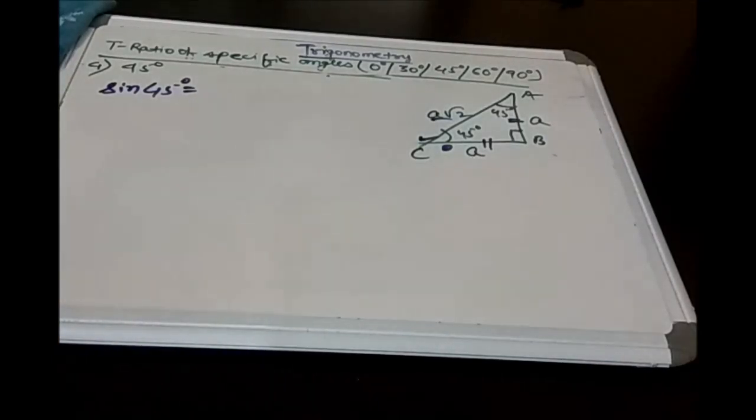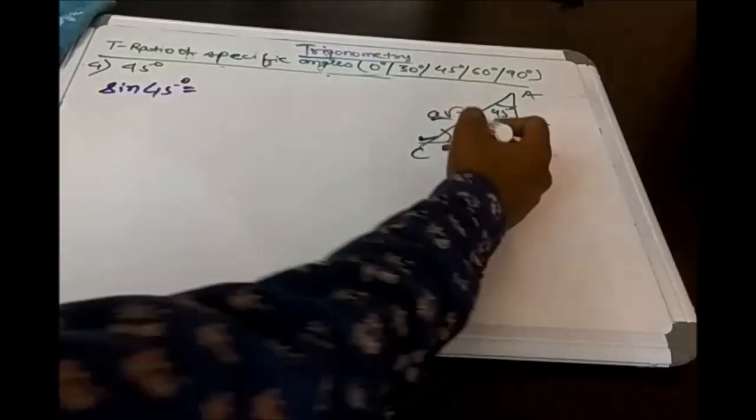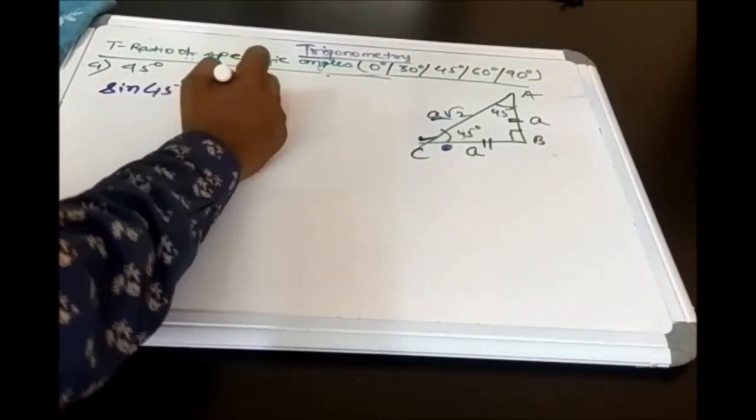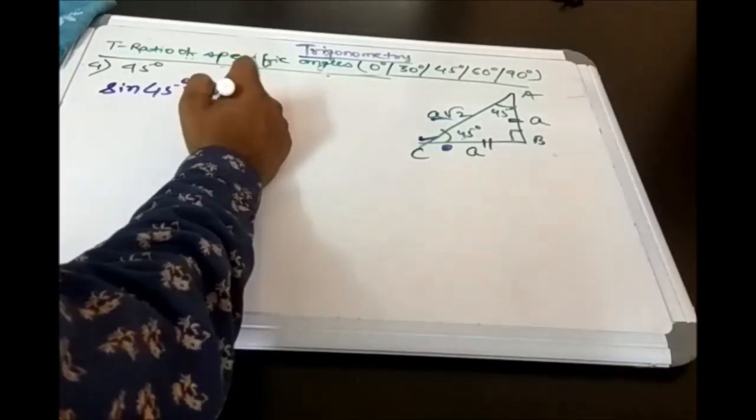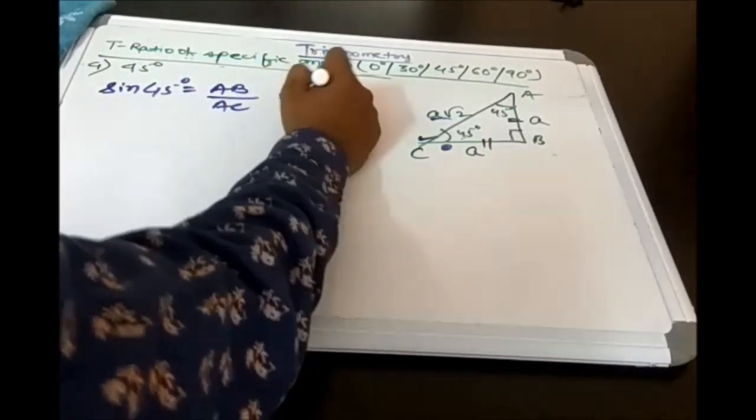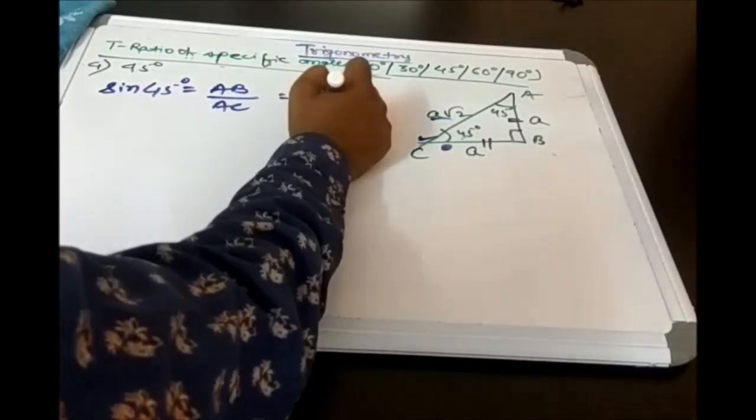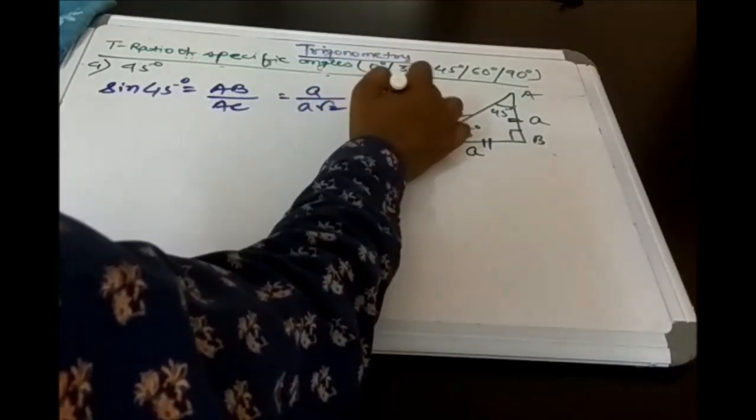Perpendicular will be the side which is immediately opposite to the angle which we are considering to find the trigonometric ratio. So we are considering this angle, therefore perpendicular will be AB. AB by hypotenuse, that is AC. AB is A, hypotenuse is A root 2. Therefore it is 1 by root 2.